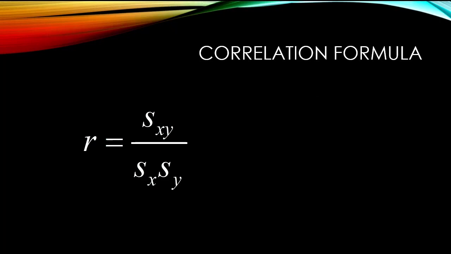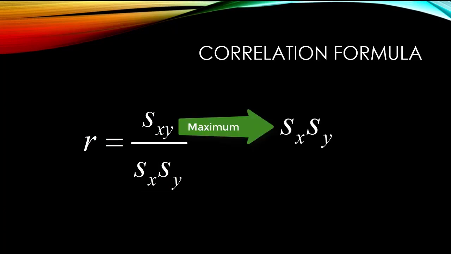Let's look at a formula for correlation. In the numerator of this ratio, we see covariance. To standardize the covariance, we divide by the standard deviation. Now remember that covariance was created with both variables, so we need to divide by the standard deviation of both variables. It turns out that the maximum value that covariance can have is the product of the two standard deviations of the two variables.